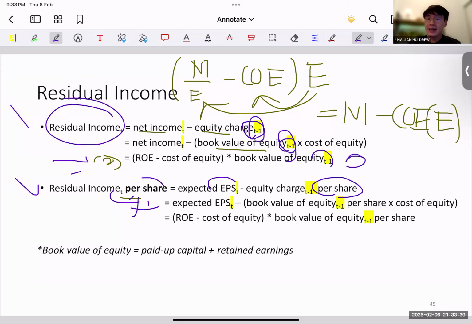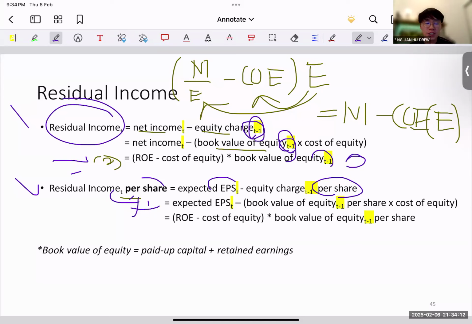Okay, I repeat this again. Let's say you are determining the residual income of 2025. Between 2024 and 2025, there might be some changes in your book value of equity. But in essence, the cost relating to the generation of your net income for 2025 relates to 2024's book value of equity, which is why we use book value of equity at T minus 1.